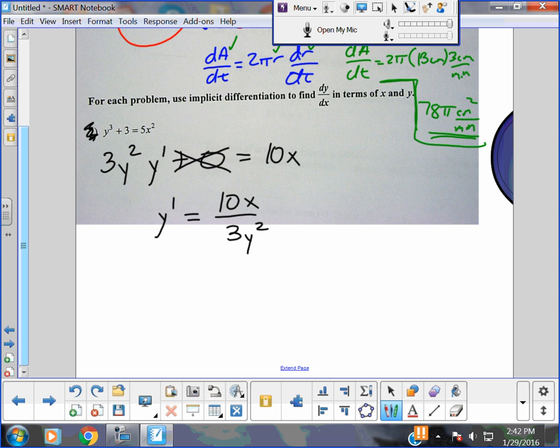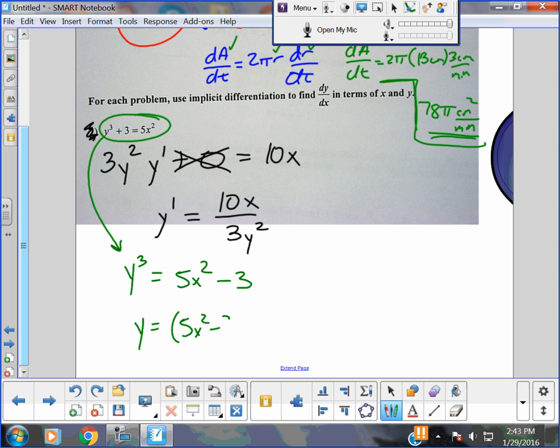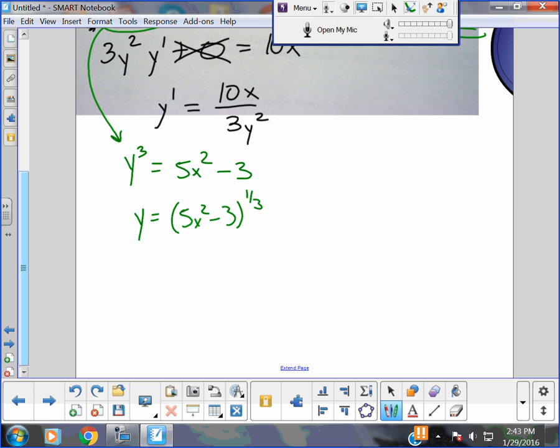Everybody, I want to be clear that there's another way to do this one. And I pushed the space bar on my worksheet generator that made this quiz until this came up. Because do you guys agree that I could solve this for y by taking the third root? If I do that, I can take y prime of this.